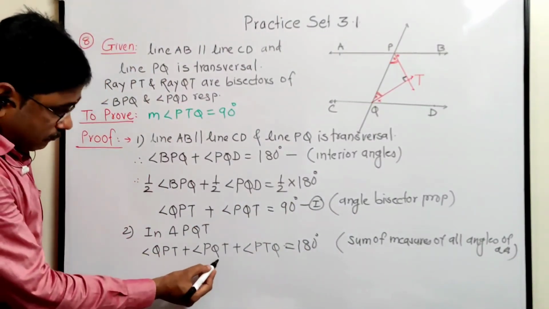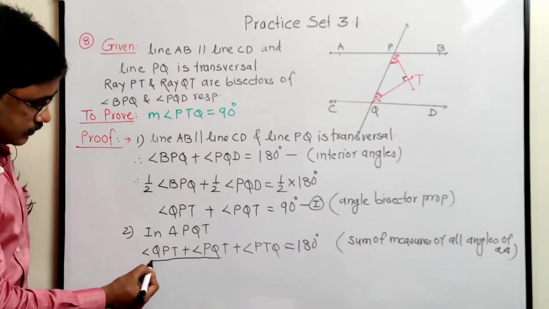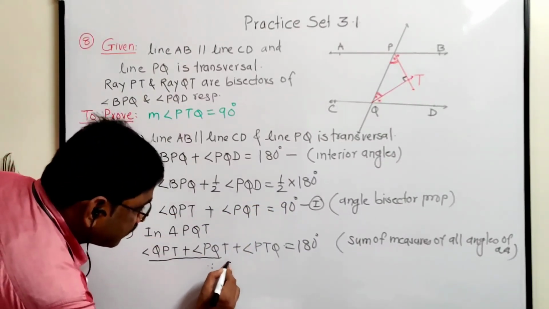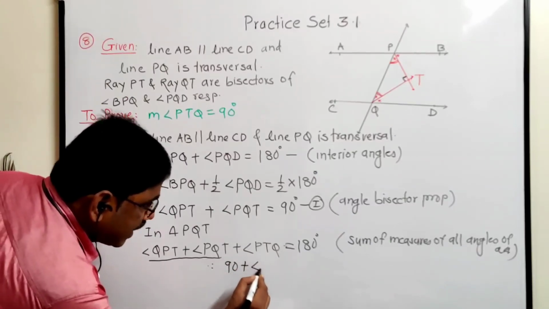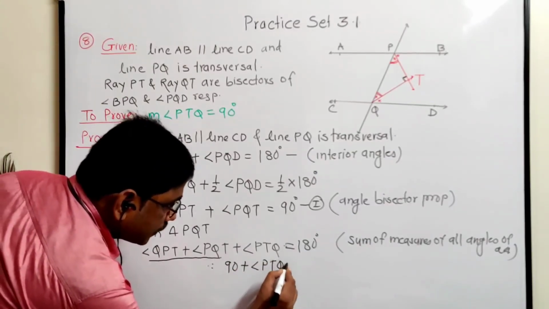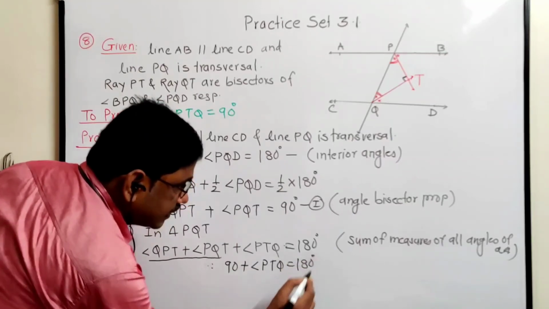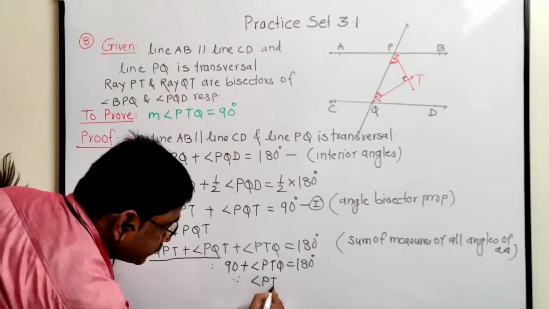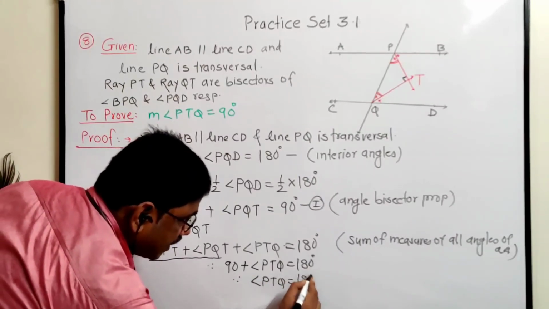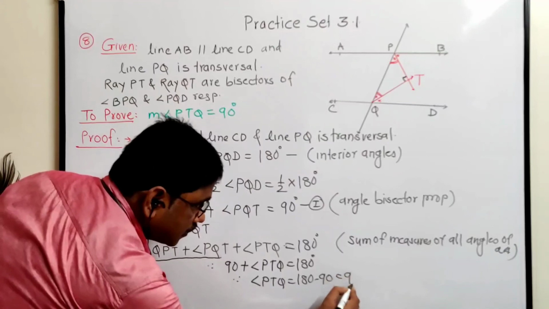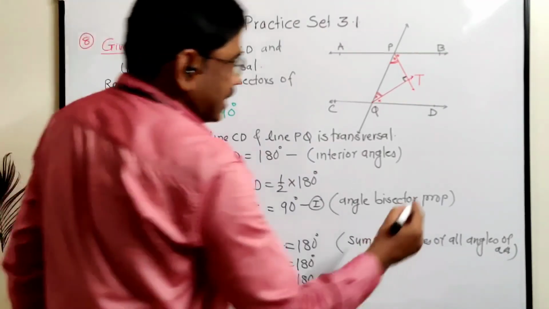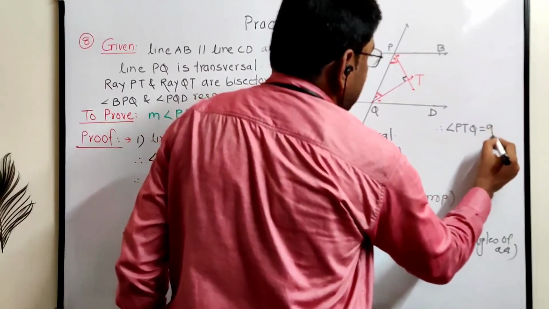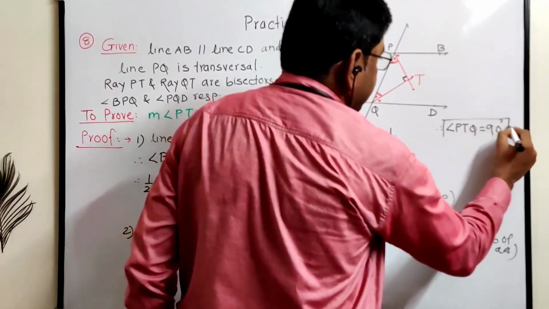But from 1, this sum is, ये यहाँ पे 1 लिखा है, 90. Therefore substitute this sum, 90 plus angle PTQ is equal to 180 degrees. Therefore angle PTQ is 180 minus 90, which is equal to 90 degrees. Therefore we get our answer. Therefore angle PTQ is equal to 90 degrees, is proved.